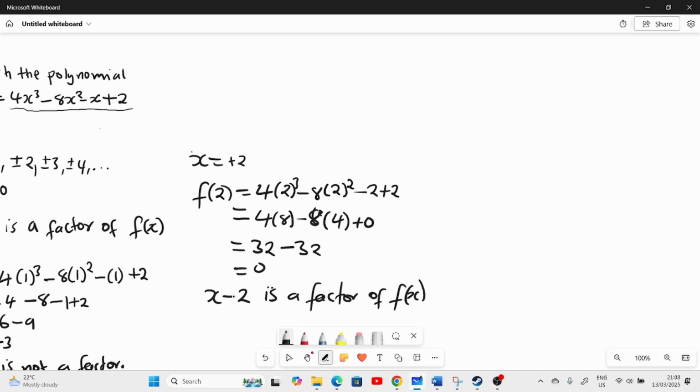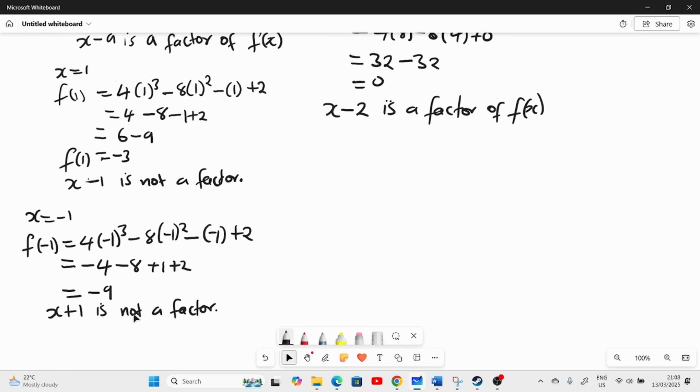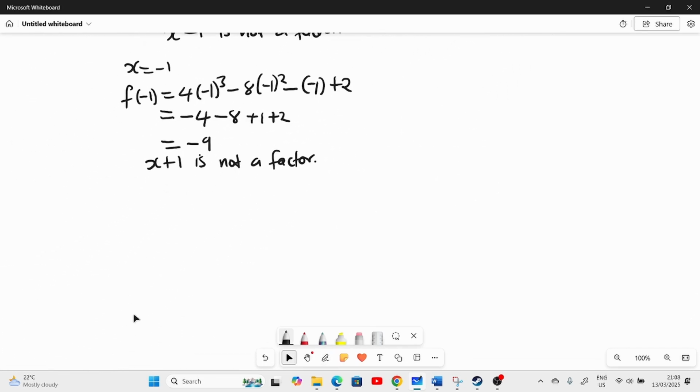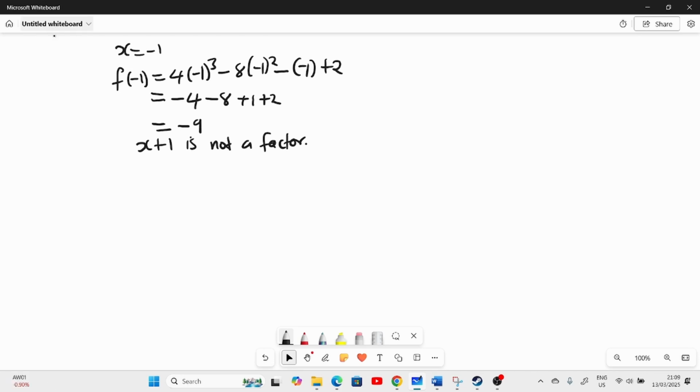So if x minus 2 is a factor, we can find other factors of the given function by using any of the methods of dividing this factor into the given polynomial. So we have that x minus 2 is a factor of f of x.